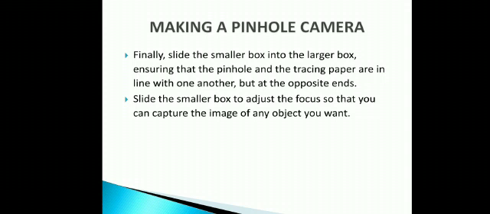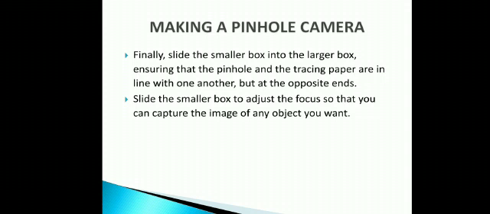Then we can ensure that the pinhole and the tracing paper are in line with one another, but at opposite ends. Slide the smaller box to adjust the focus so that you can capture the image of any object you want. If we don't have any boxes, we can try this with the help of charts.